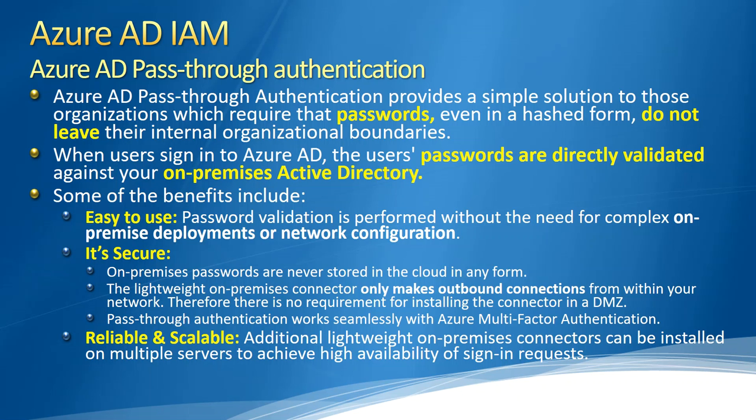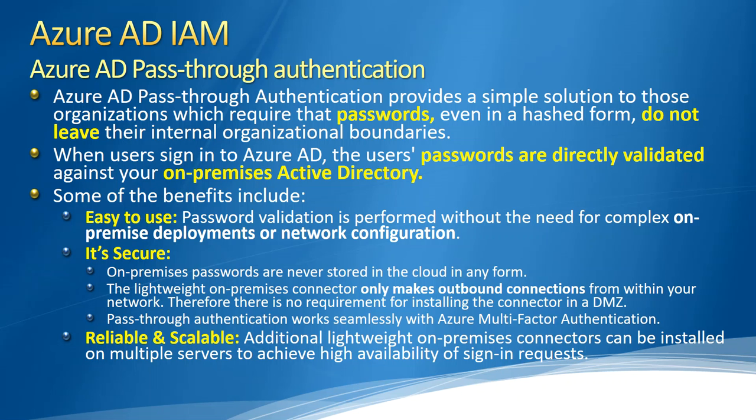But in this case, with the Azure AD pass-through connector, there is no inbound connection. Rather, it makes an outbound connection, which means the server sitting on-prem is going out to the internet, which is very much allowed in any organization. So an outbound internet connection is acceptable, as opposed to an entity sitting on the internet, like Azure AD or any server on the internet, coming back to your on-prem infrastructure.